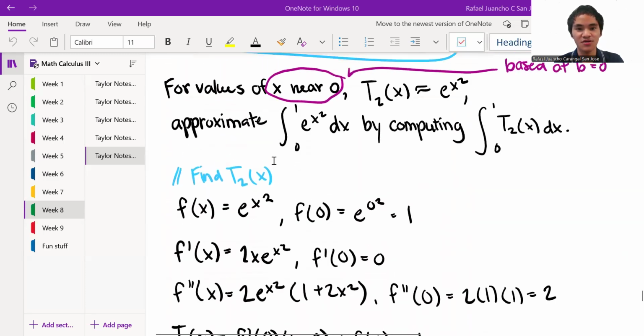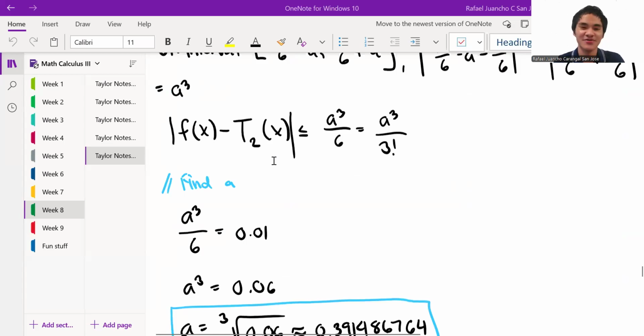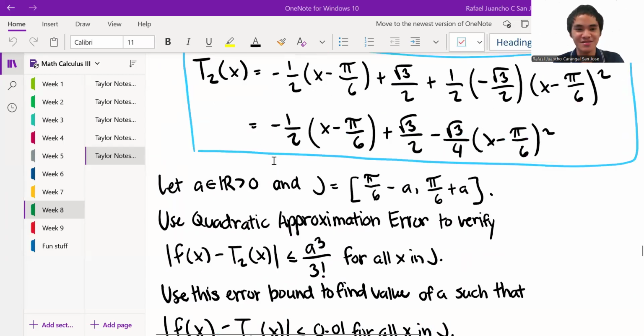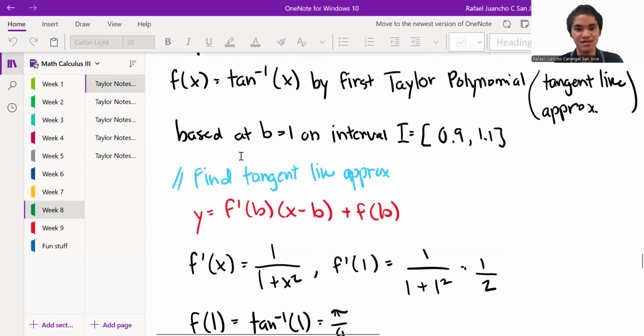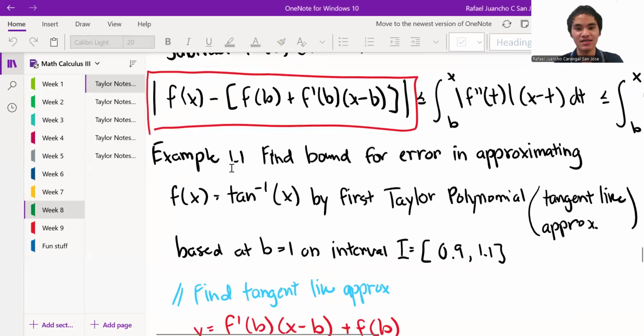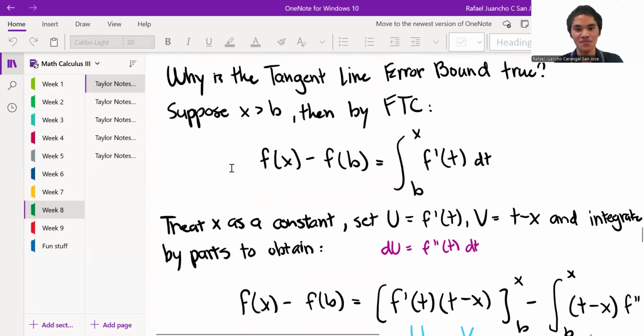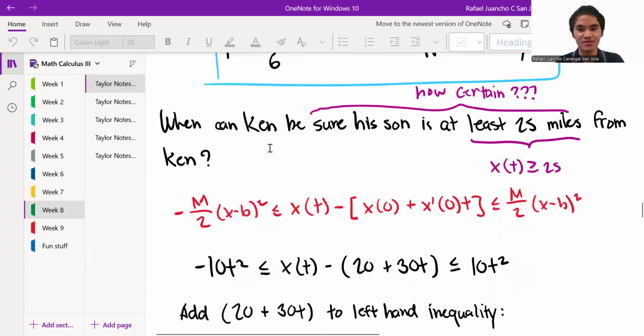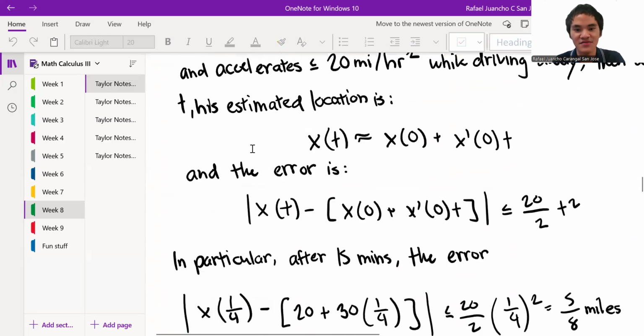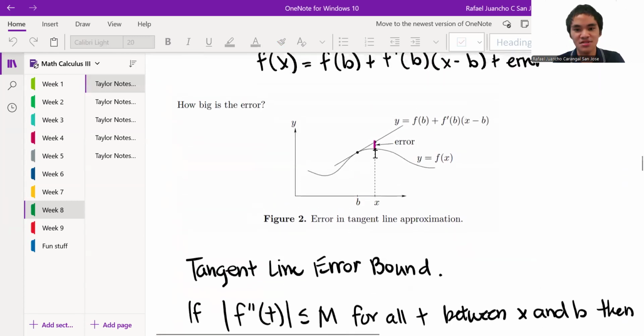So previously we talked about the first one, or Taylor Notes section one. The idea behind this concept was that if we're given some function, we have to find an estimated graph, so we have to estimate based on some given b.